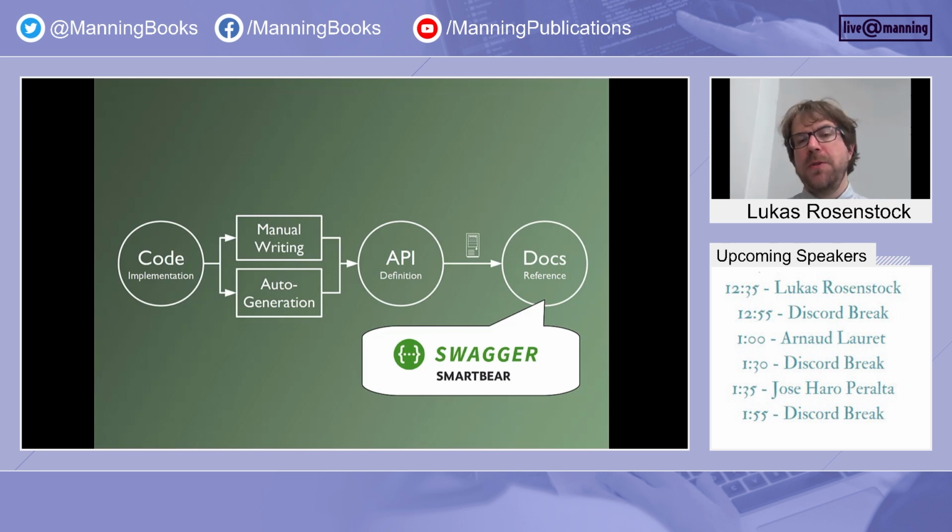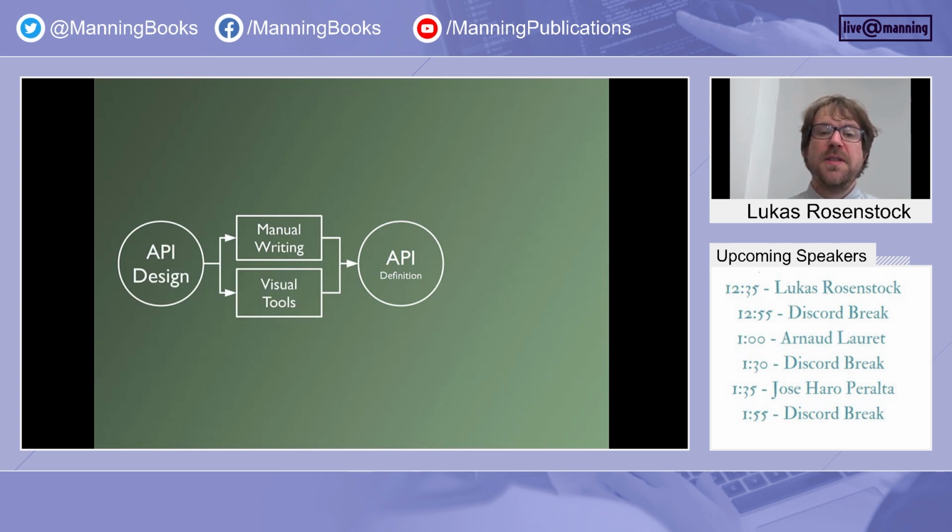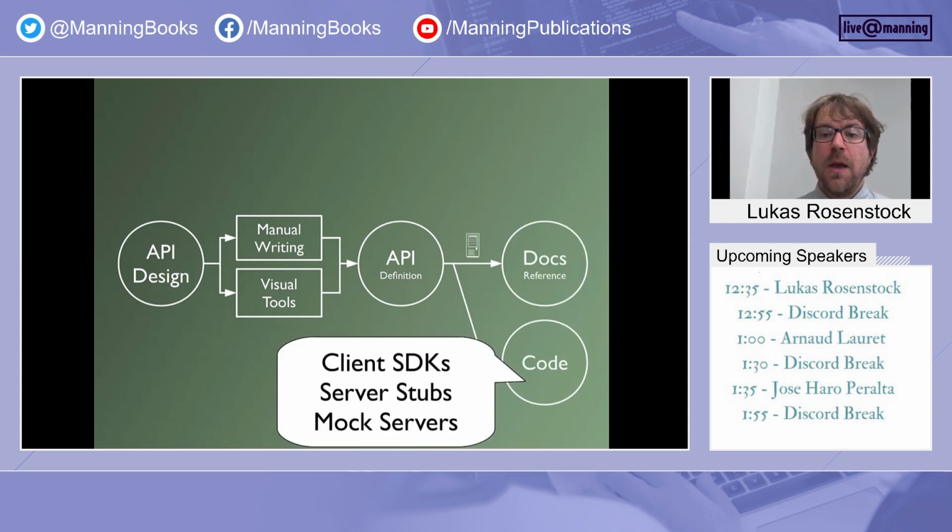However, what if we turn that process around and instead of starting with code and later create a definition, we started with API design. And then from our API design, we create an API definition. And the advantage of going API design first is that we can not only generate the reference documentation, and we can now do it even before the API exists, we can also use the API definition to generate some code automatically.